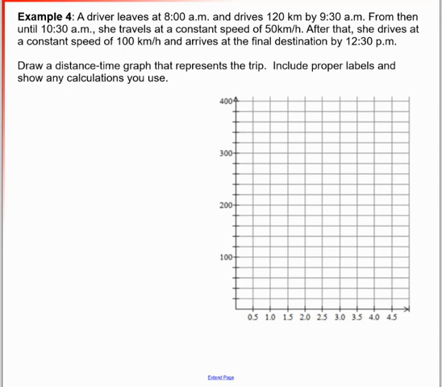Include proper labels. Okay, so if we want to label this first, we have her hours since 8 a.m. So you could start this at 8 a.m. and then every hour, right?